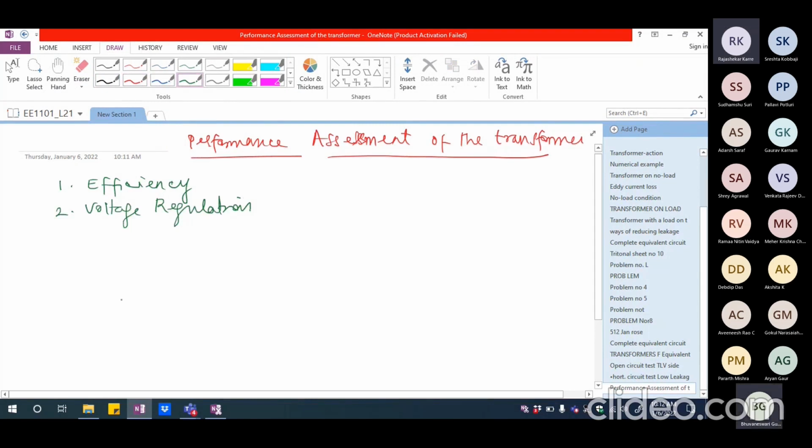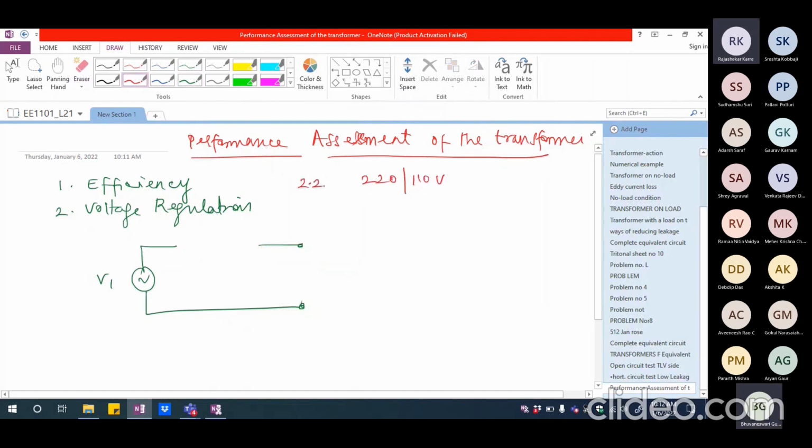What we mean by voltage regulation is, if I apply the rated voltage V1 here, and I look at what is available at the load terminal. Let us say I have a voltage ratio of, for example, 220 by 110 volts. I'm taking the same transformer repeatedly.